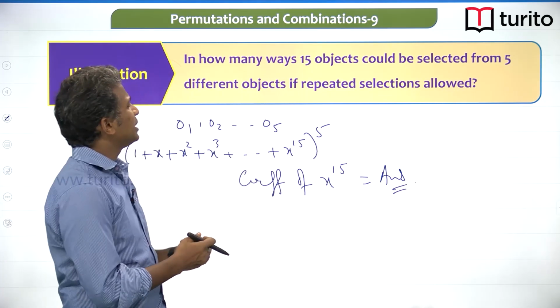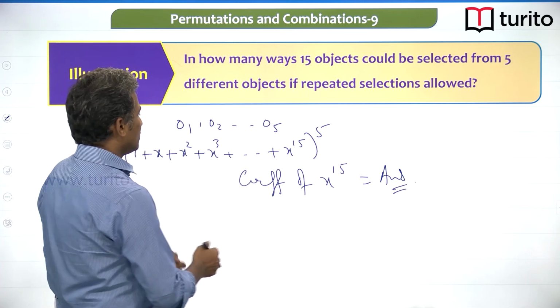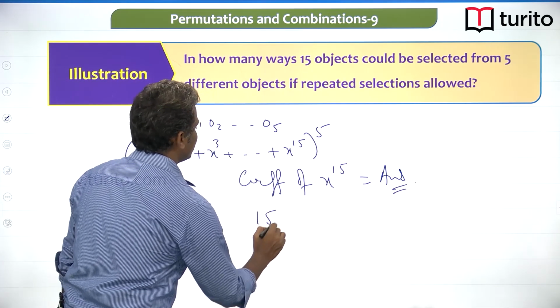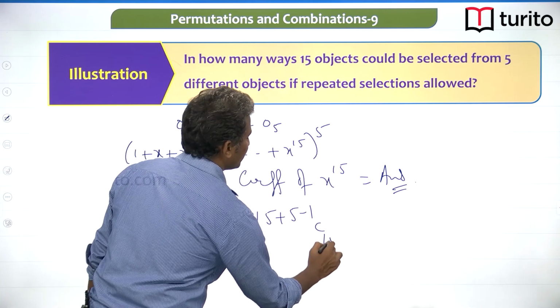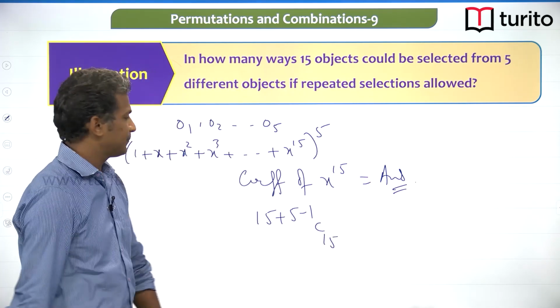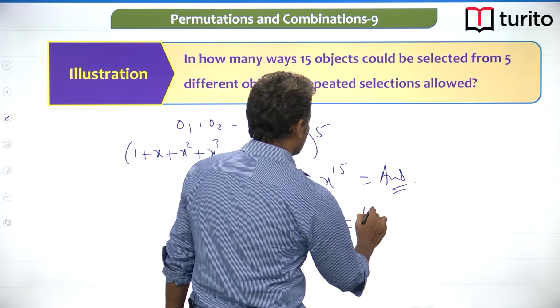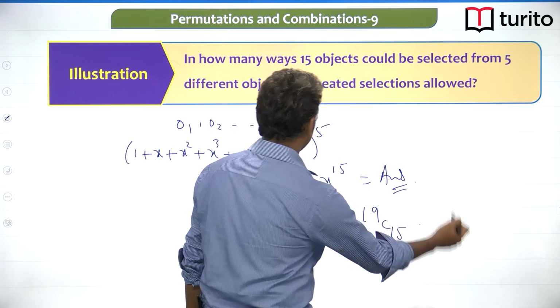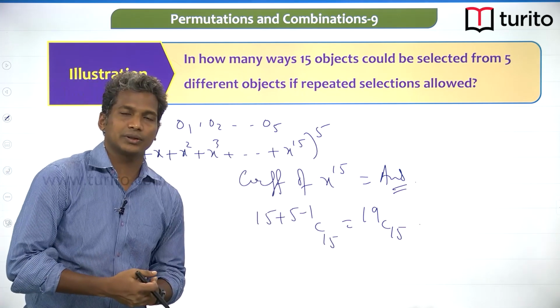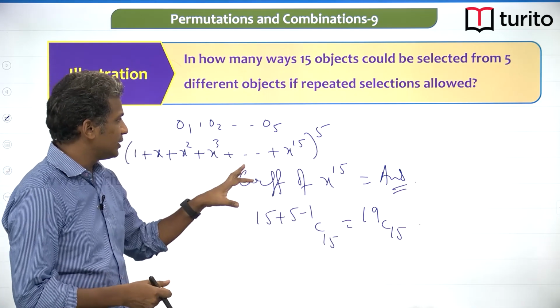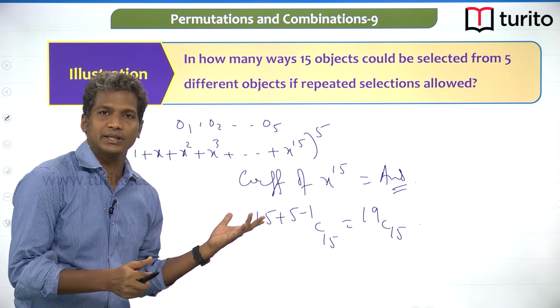So here you will get the answer of 15 plus 5 minus 1 C 15, which is going to be 19C15. Try to see if you are getting the same answer or not. You can do the calculation, it is going to be simple.